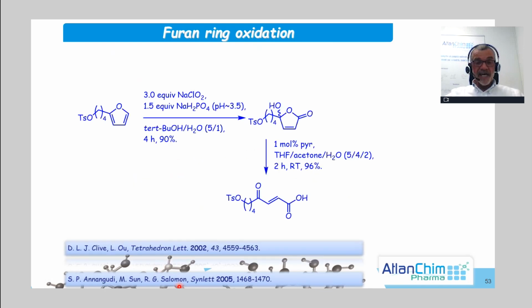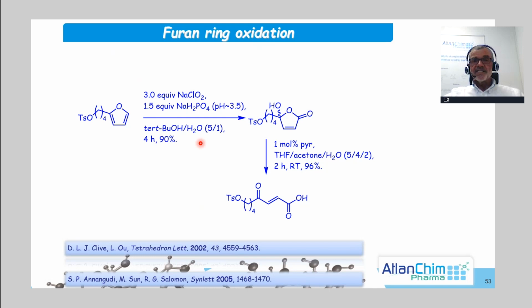In 2005, Salomon described an efficient oxidation of electron-rich furan intermediates with sodium chloride in a mixture of tert-butanol and water with a pH 3.5 phosphate buffer at room temperature.